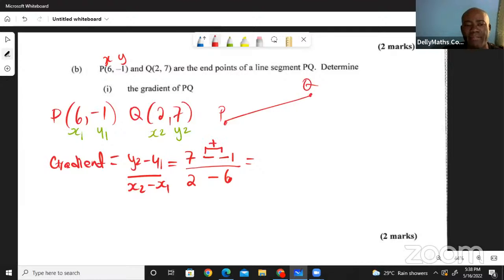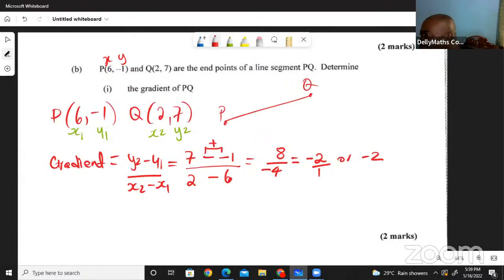So we're looking at 7 plus 1, that's an 8 on top. And then we have 2 minus 6 will give us a -4. So basically 8 divided by -4 will give us a gradient of -2. So you'll say 2 over 1, which is basically saying a -2. So the gradient of the line PQ is -2.